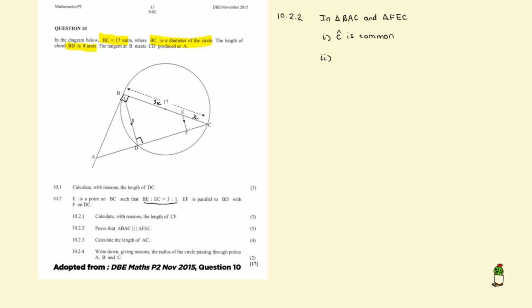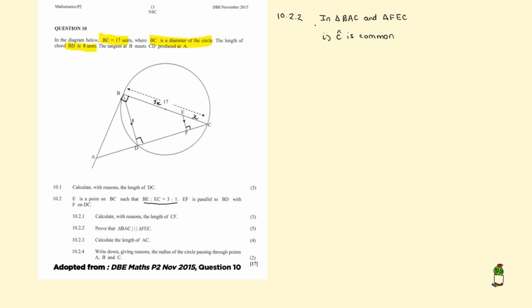Okay, so angle B is 90 degrees. Would that be equal to angle F? Yes, because angle F is a corresponding angle to angle D over here, right? So this is 90 degrees as well, and thus they are equal. We're just going to have to prove it first before we state it.